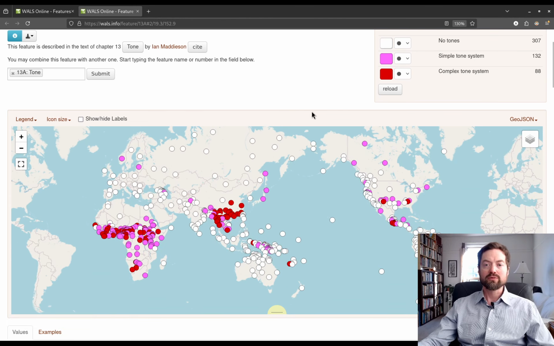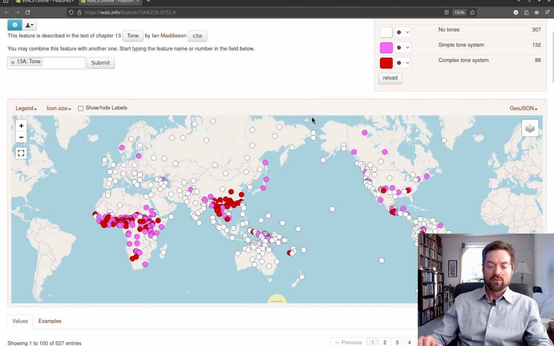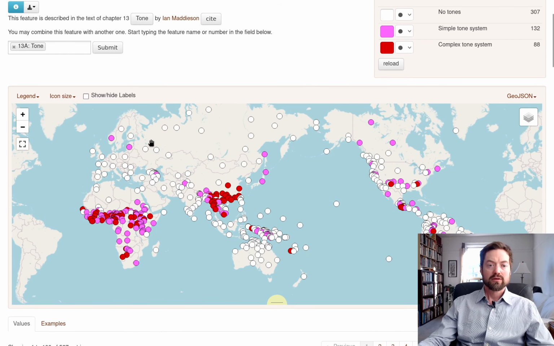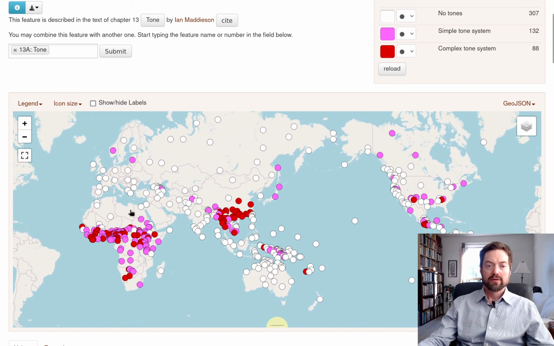So here we see some interesting clustering. We have most, of course, English and most of the European languages almost entirely have no tone system. Although surprisingly, Norwegian and Latvian have some kind of a simple tone system, which is surprising. You don't normally think of them that way.